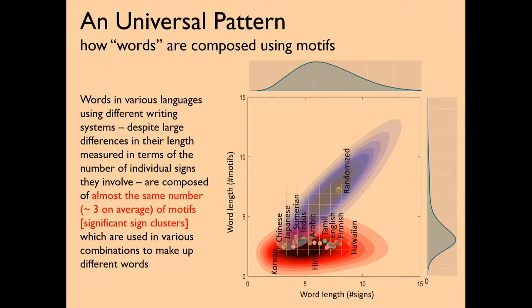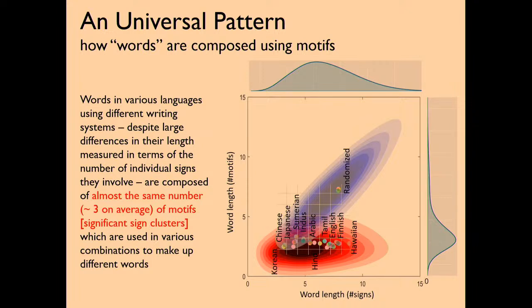Whereas if you look at word length in terms of signs, they span a huge range. They can go from, let's say, 2 signs all the way up to something like 14 signs. So there's a probability distribution. On the other hand, if you take each of these systems and you randomize them, you find that word length, whether you measure it in terms of the actual signs or in terms of motifs, are correlated.